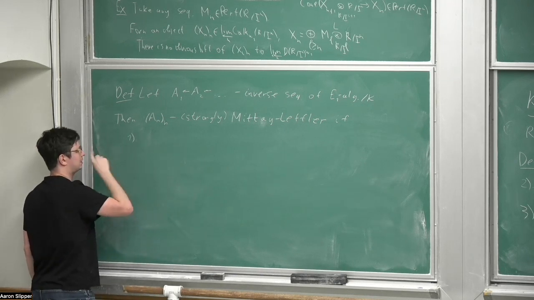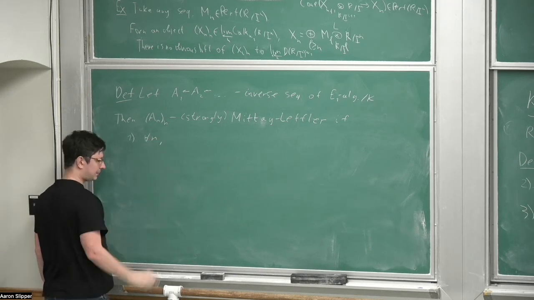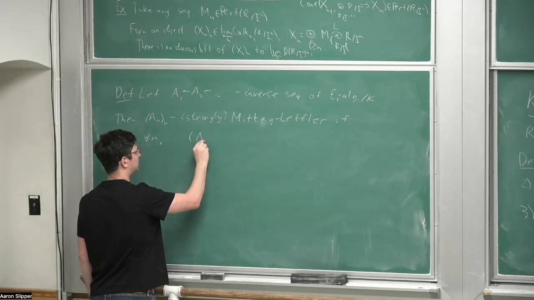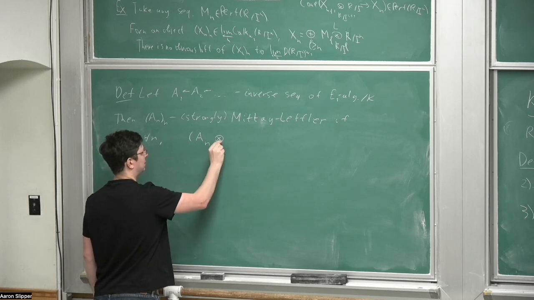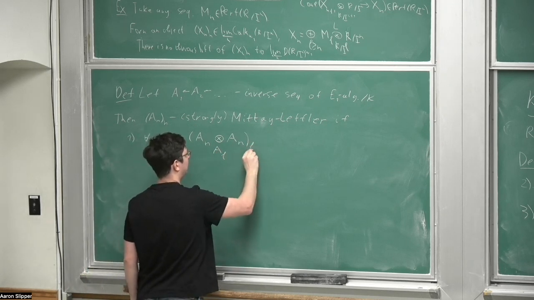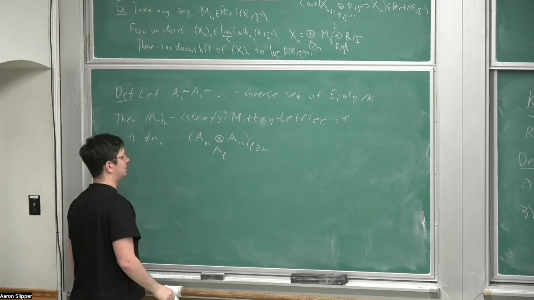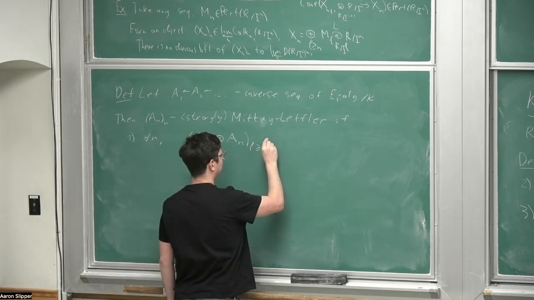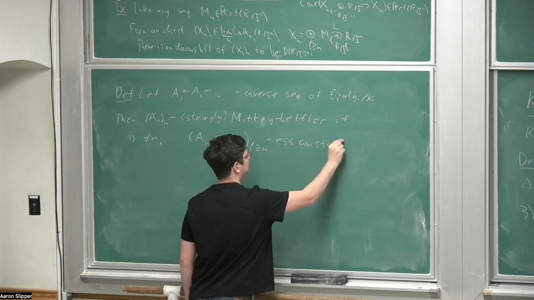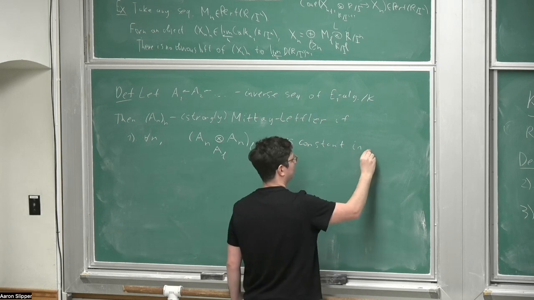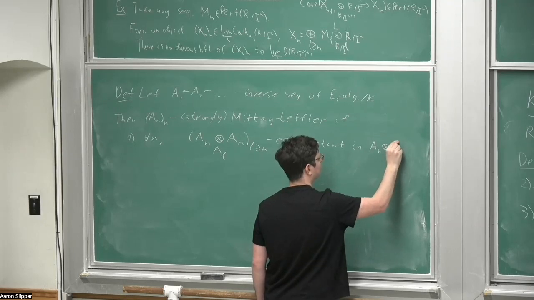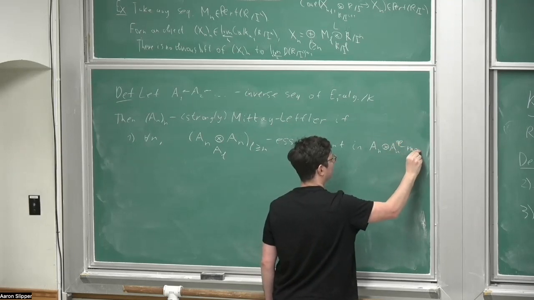The first condition is that for any n, the inverse system of bimodules A_n tensor A_n over L, where L is greater or equal to n, this inverse system parameterized by L is essentially constant in A_n tensor A_n opposite modules, so basically in bimodules.